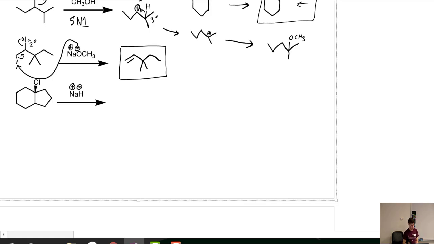So since we have a strong base and this tertiary leaving group here, it will be an elimination, and in this case, it will be an E2 reaction. Now, because no stereochemistry is shown on anything but that chlorine, we can assume here that there is hydrogen here.